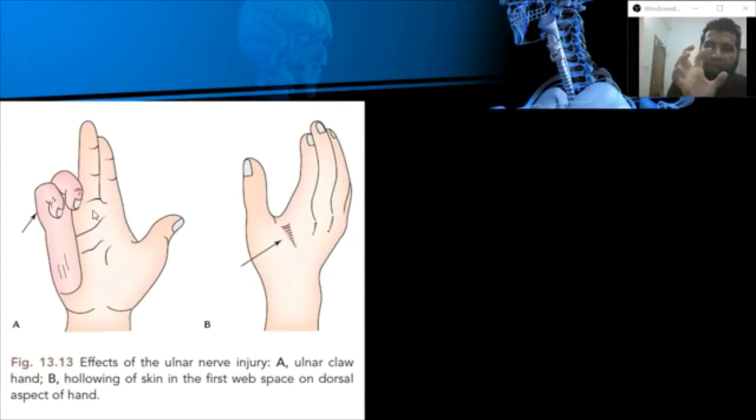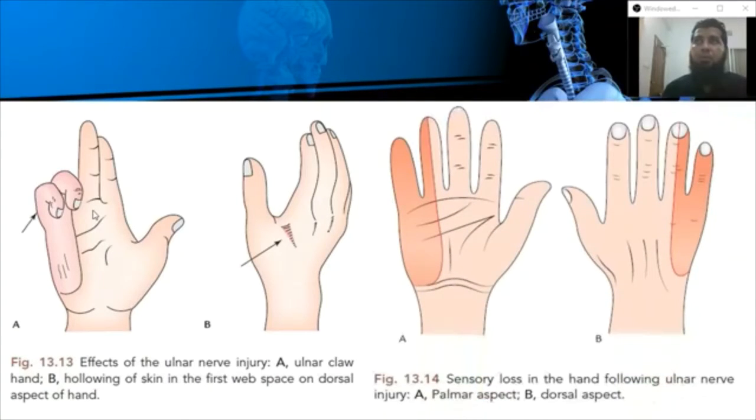Like the paw of a cat, it is called claw hand. This is the ulnar nerve injury. Sensory loss occurs at the level of the fifth and fourth fingers, on the palmar surface and dorsal surface.